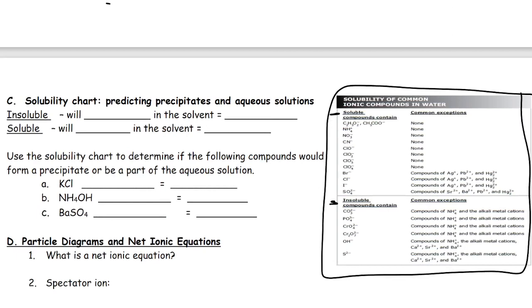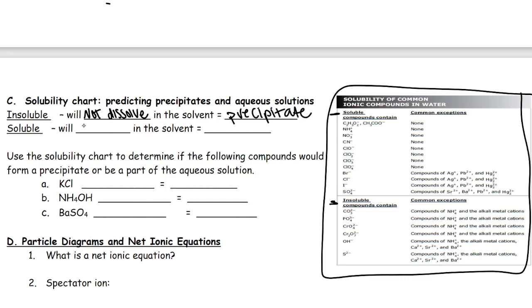All right, this next little section is just a refresher, again, on determining the precipitate versus aqueous solution. If something is insoluble, it means it will not dissolve in the solvent. So if it will not dissolve, that makes it the precipitate.